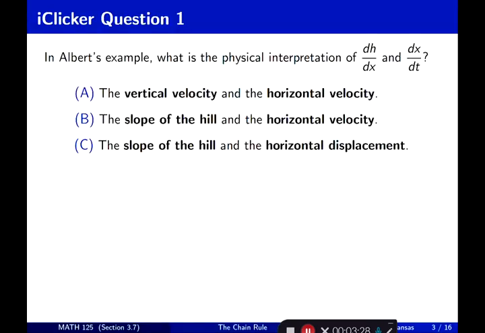In Albert's example, what is the physical interpretation of dh/dx, the derivative of h with respect to x, which, remember, h was the vertical distance and x was the horizontal distance, and dx/dt, where x is again the horizontal distance and t is time?